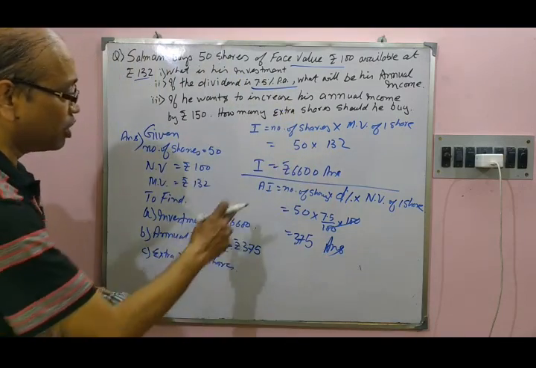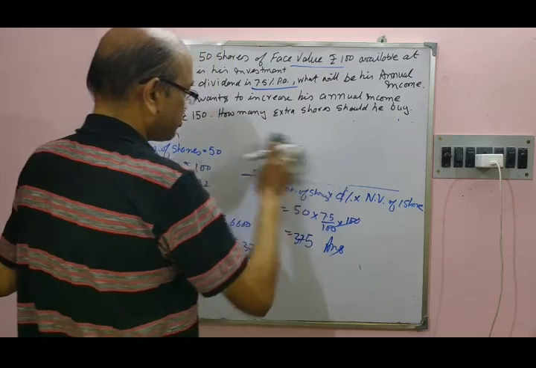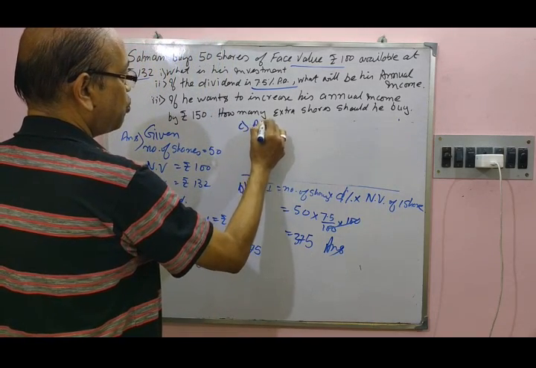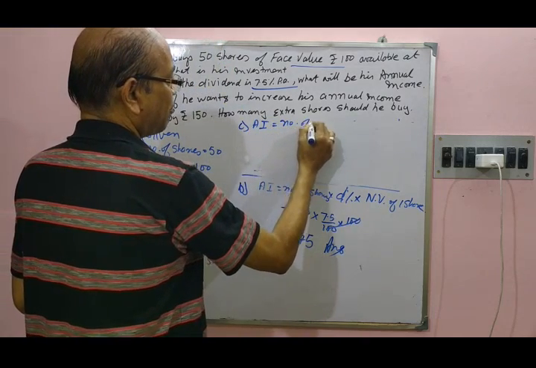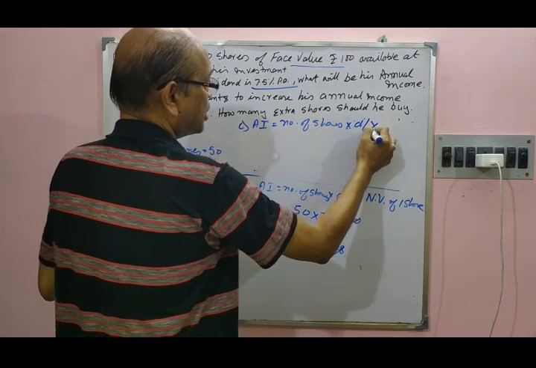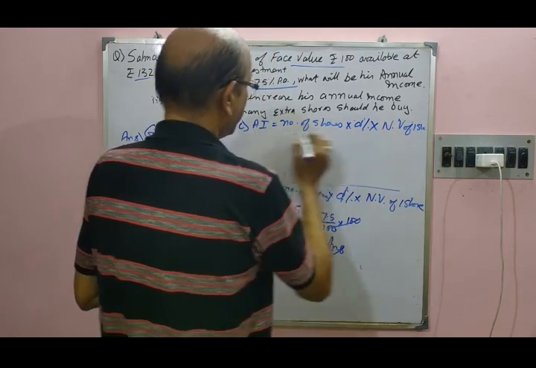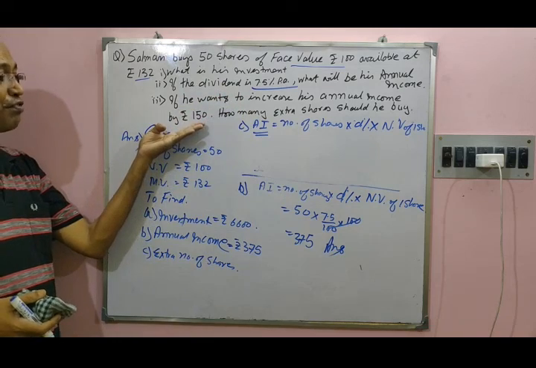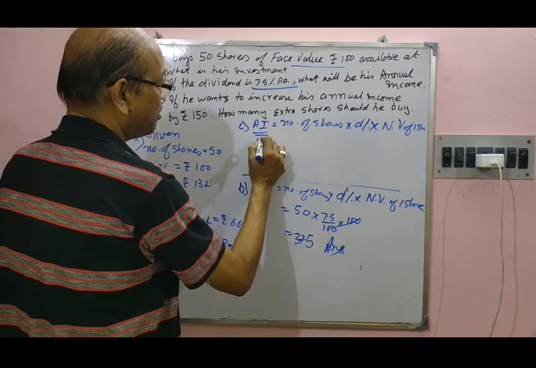Again with the same formula, annual income is number of shares into D% into nominal value of one share. Therefore, the increase in annual income will be 150.